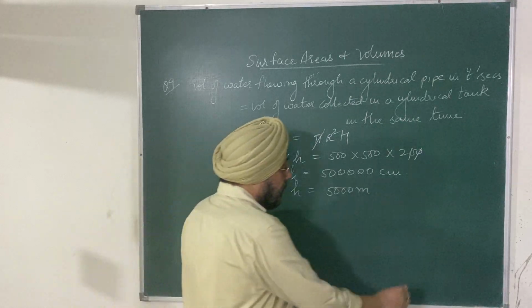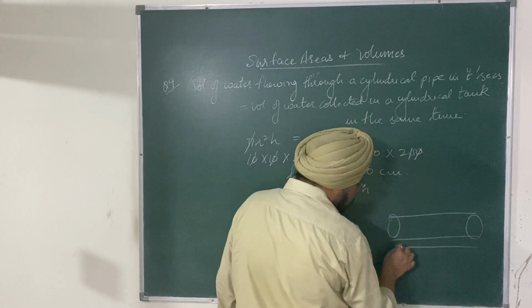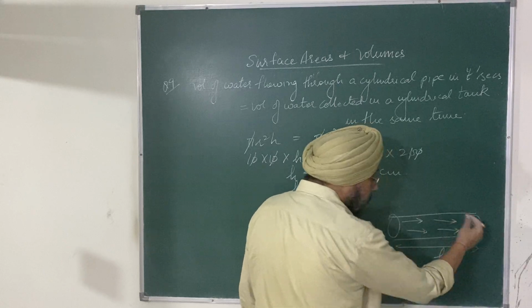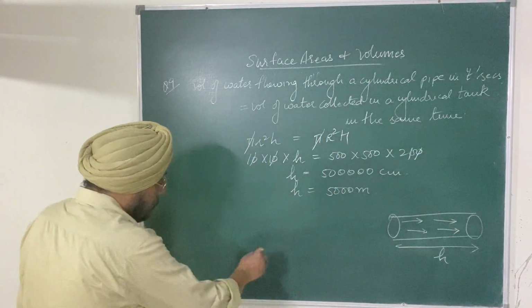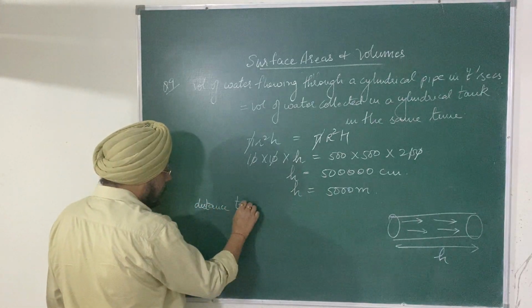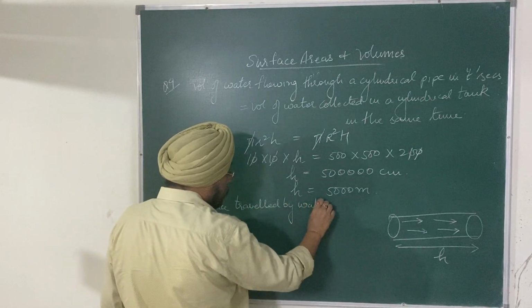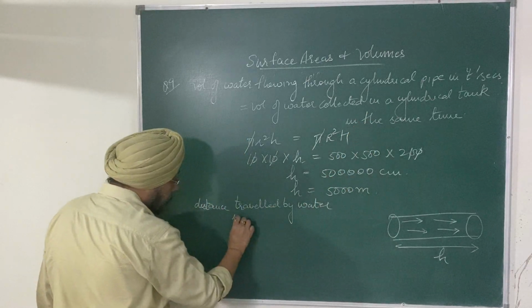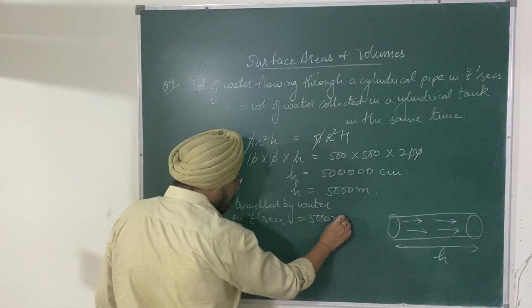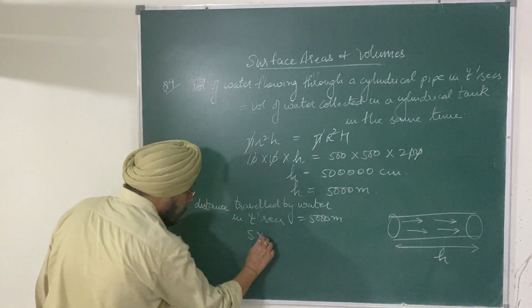Now can I say, if this is a pipe, the height of this pipe must be equal to the distance traveled by water in some particular time. So let us take h equal to the distance traveled by water in t seconds, which has been given as 5000 meter, which we have already calculated. Now we know that distance is equal to speed multiplied by time.